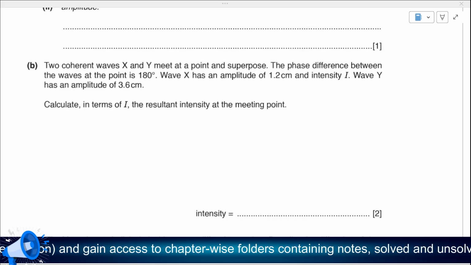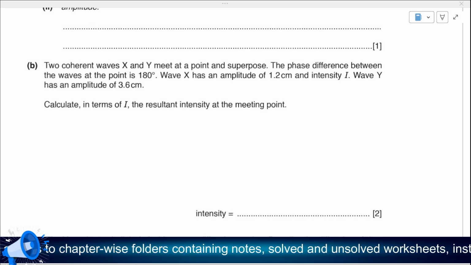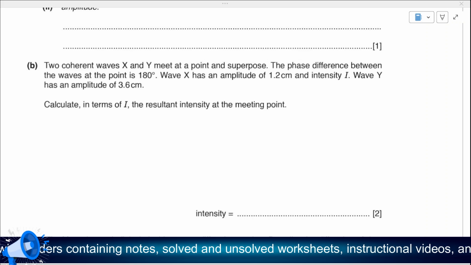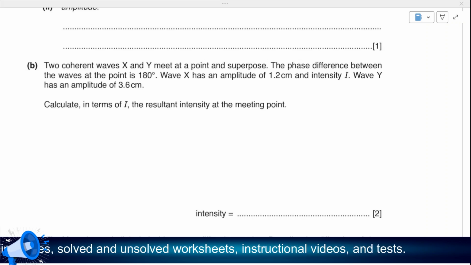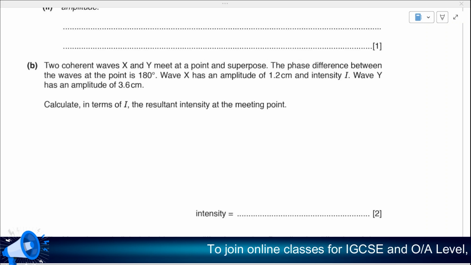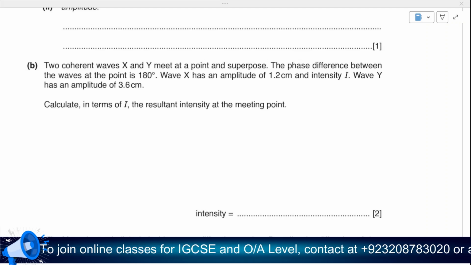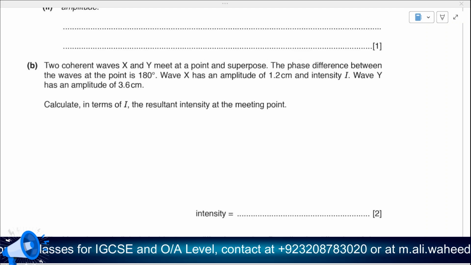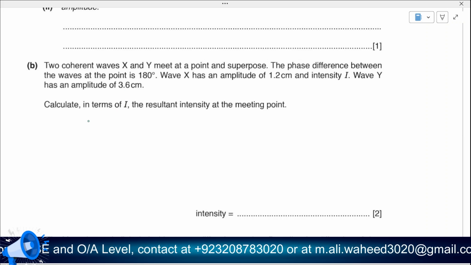I is the intensity of the wave x, by the way. We need to find the intensity of the resultant wave, not a numeric value, but in terms of I. So let us first find the amplitude of the resultant wave.